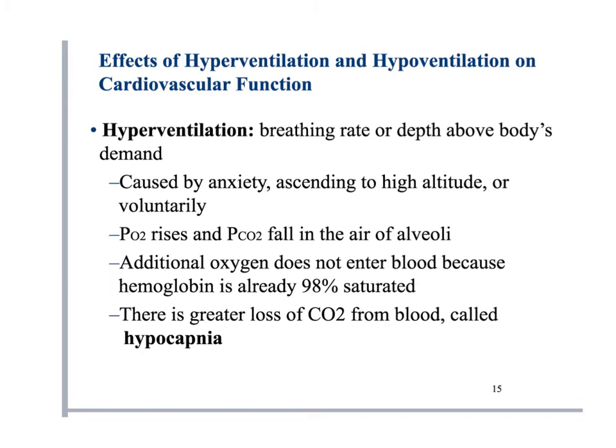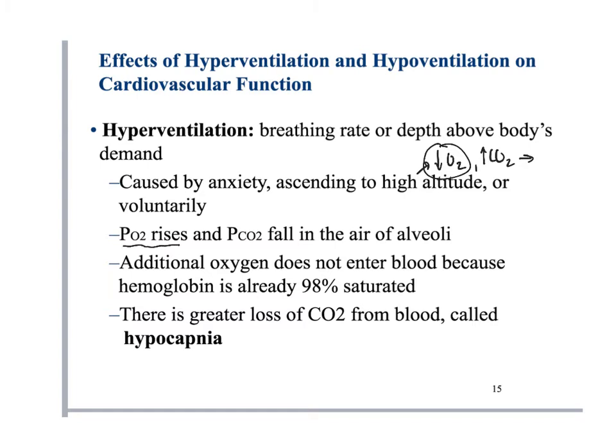This can be caused by emotional factors, neurological factors, anxiety, or ascending to a high altitude, because then we're going to have low oxygen, below normal, and the body's going to try to move oxygen in faster. We have to move air in faster to get the same amount of oxygen. Or it could be voluntary, like you did in lab. As this happens, with hyperventilation, in the air, in the alveoli, you increase O2.